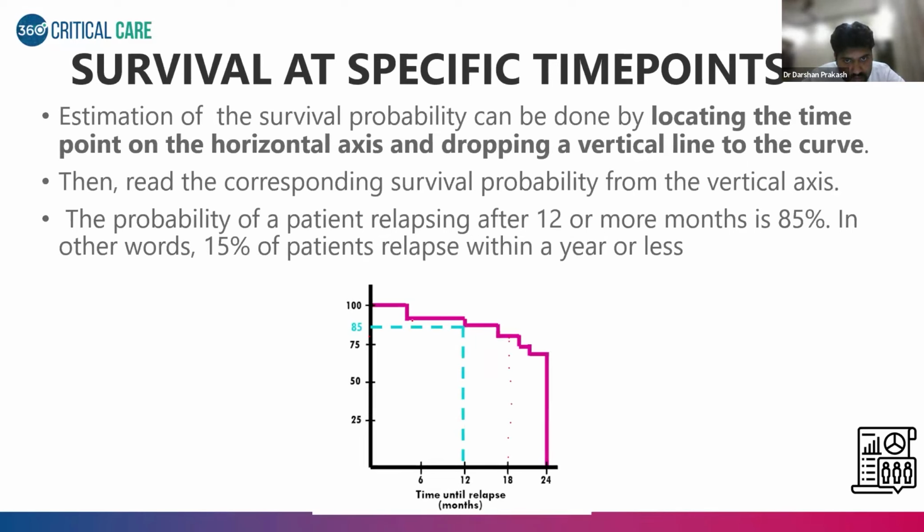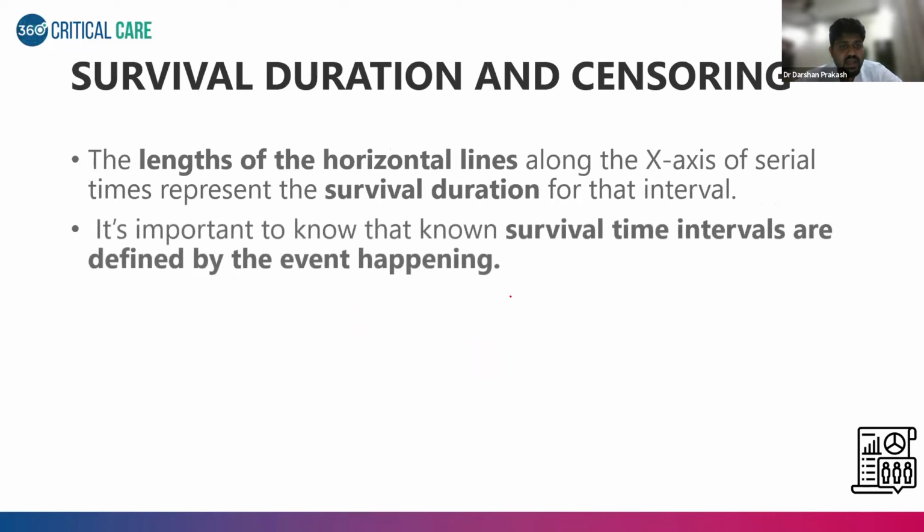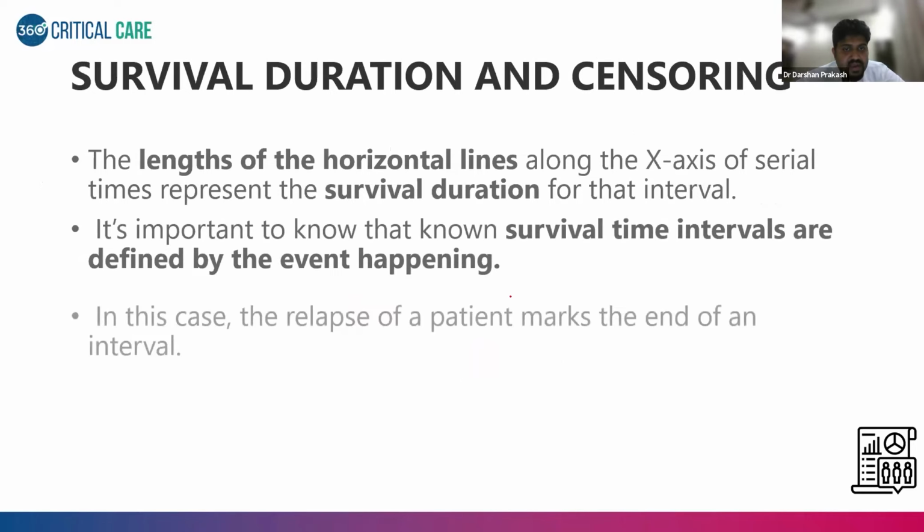This is the survival duration for this particular interval, between 6 months and 12 months. The importance of survival time duration is that it helps us understand at which particular interval an event happened, an event like relapse, death, etc., depending on the study. For example, in our case, we'll take relapse.